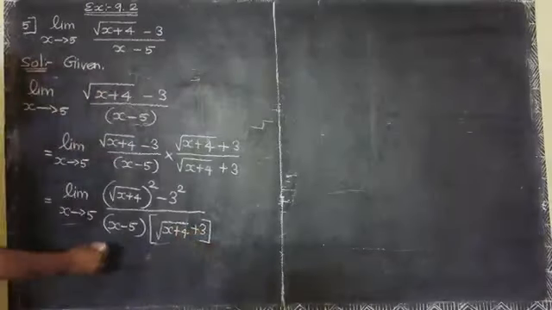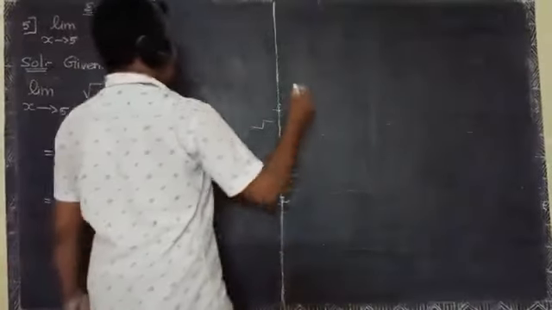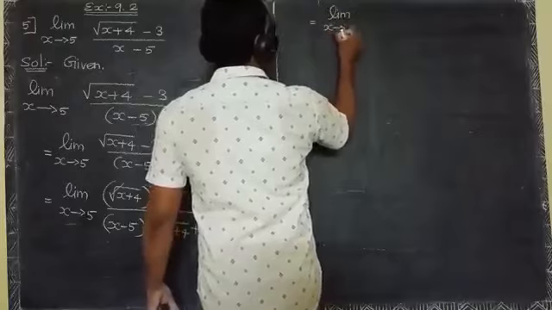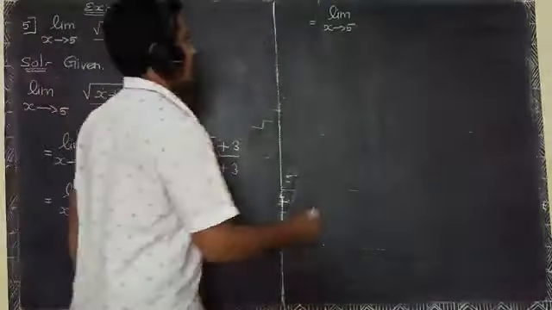In the numerator, the square root is cancelled, then the remaining result is limit x approaches 5, x plus 4 minus 3 squared, which is 9.